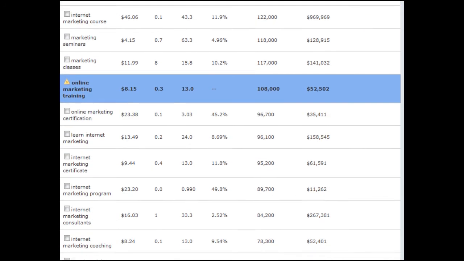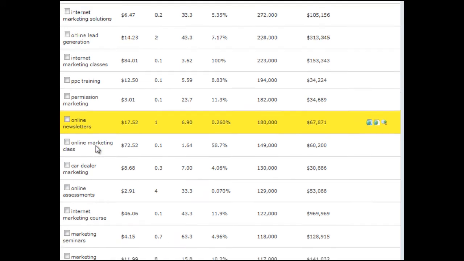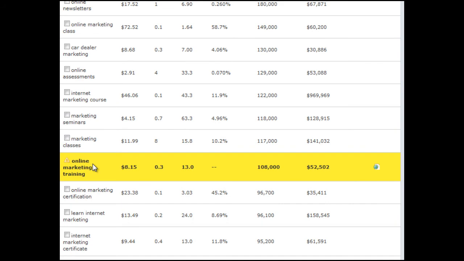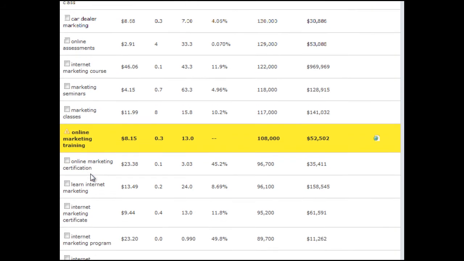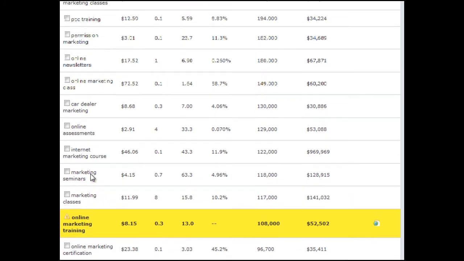Now, to me, if I'm going to sit here and think about it for a minute, online newsletters is probably one of those keywords that appears quite frequently because of an opt-in, right? Because we're in an online marketing genre market where everybody's going to be conscious about collecting opt-ins, and so you're going to get this keyword online newsletters, even though it might not be incredibly germane to online marketing training, or it might be an important aspect of online marketing training.